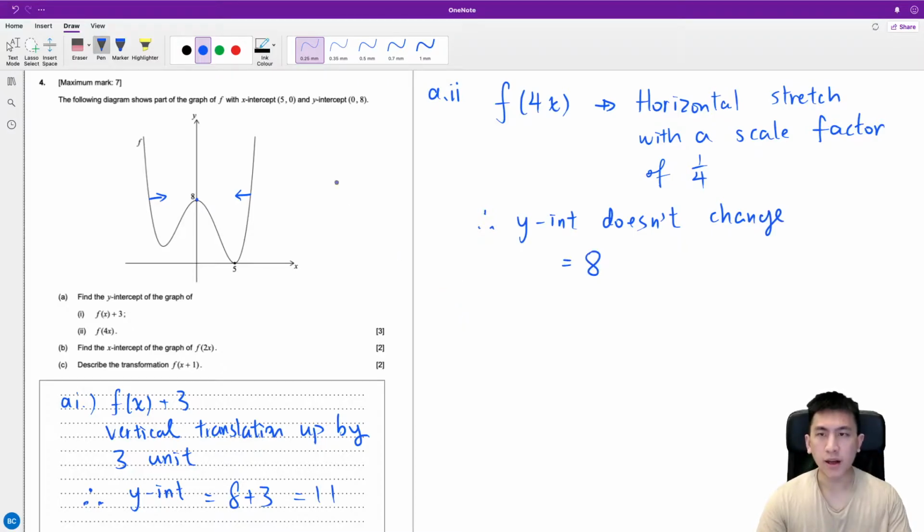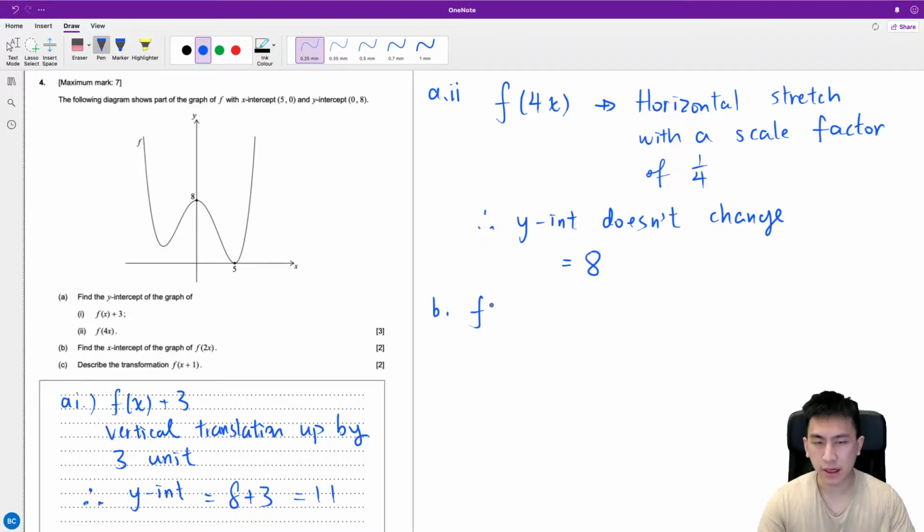Then that's it. You don't have to go through any mathematical explanation. All you have to do, like just now, is just write the English to explain what that transformation is. Then part B, again, another transformation, the x-intercept of the graph of that. Now you already know on the top.